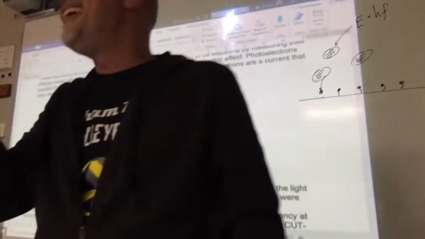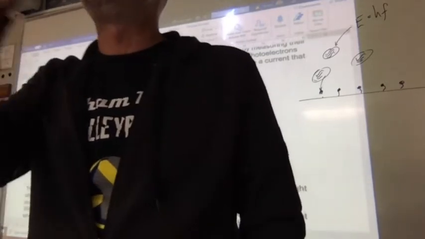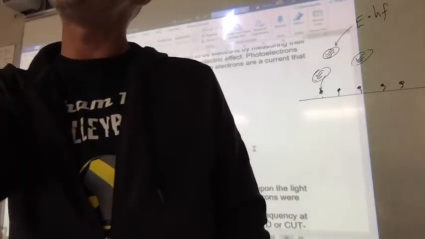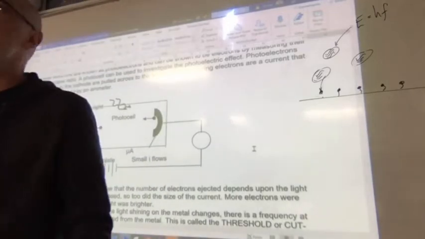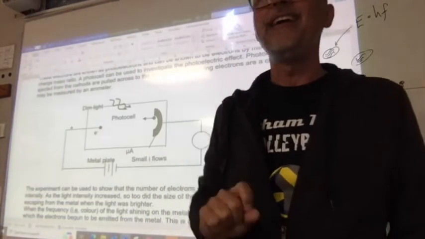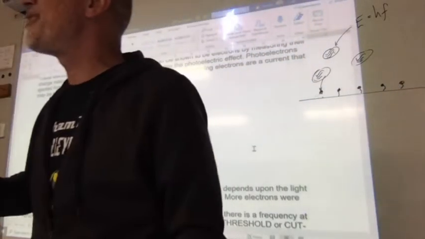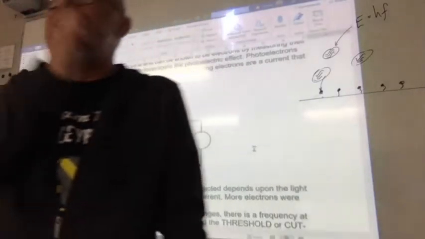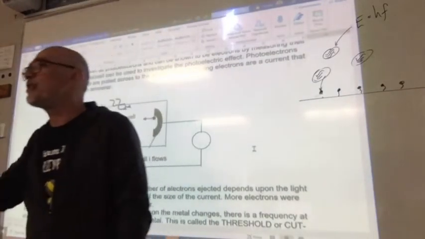If the electrons have 0 kinetic energy right at that frequency where it starts, how can you possibly detect them? You can't. But you keep ramping up your frequency and you end up drawing a nice, neat graph, and then you can extrapolate the graph back to exactly what it is. That's how you can find out what that actual threshold frequency is.